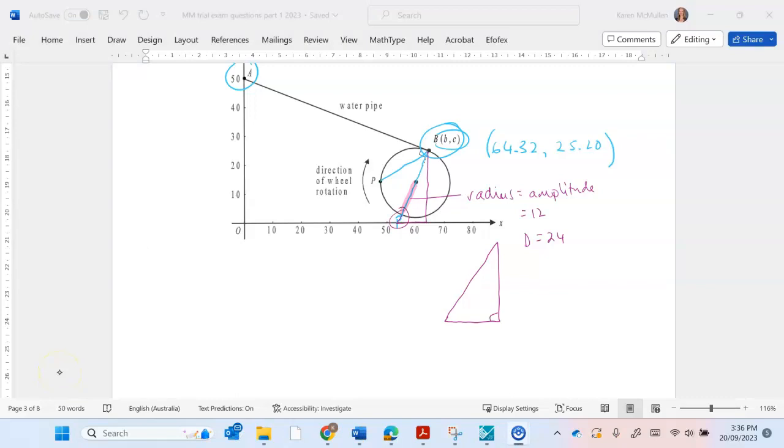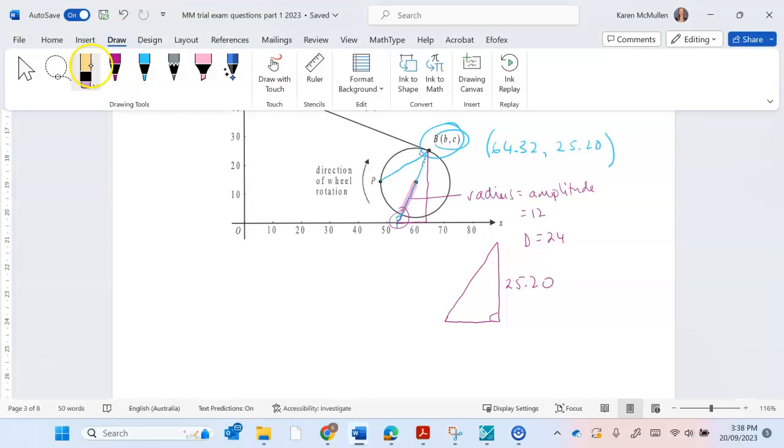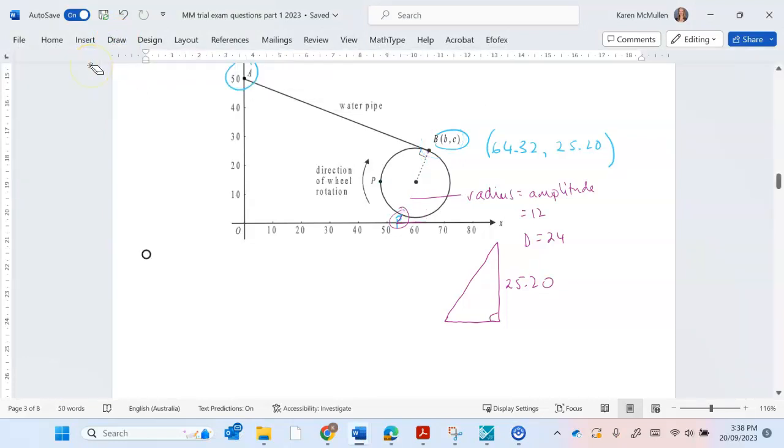So we can definitely use our understanding of this triangle to do it because the gradient is the same. So we're going to have, what was that, this distance? Oh, no, my height is 25.20. Sorry, I'm thinking, I probably should do the question and then talk instead of thinking while I'm doing it. I'm going to rub some stuff out because I did miss this.